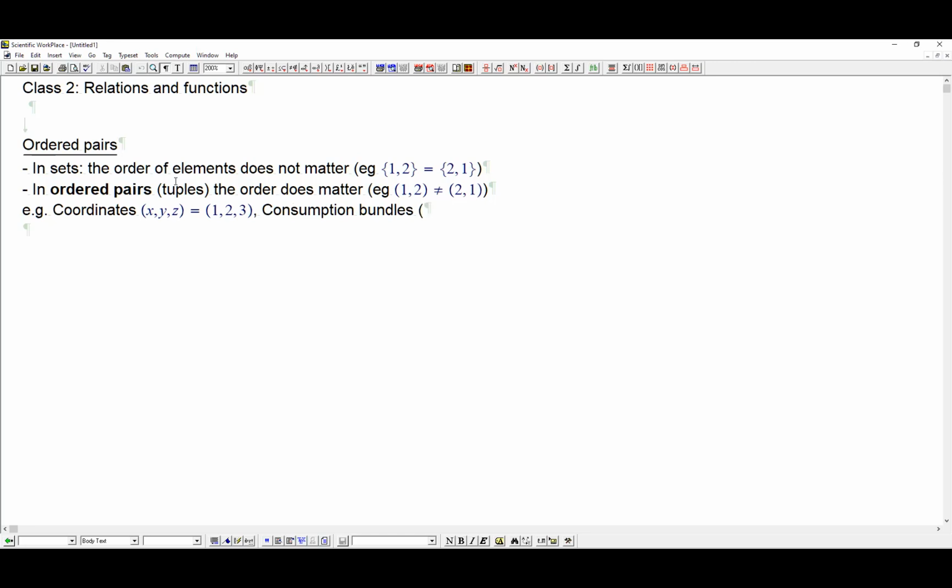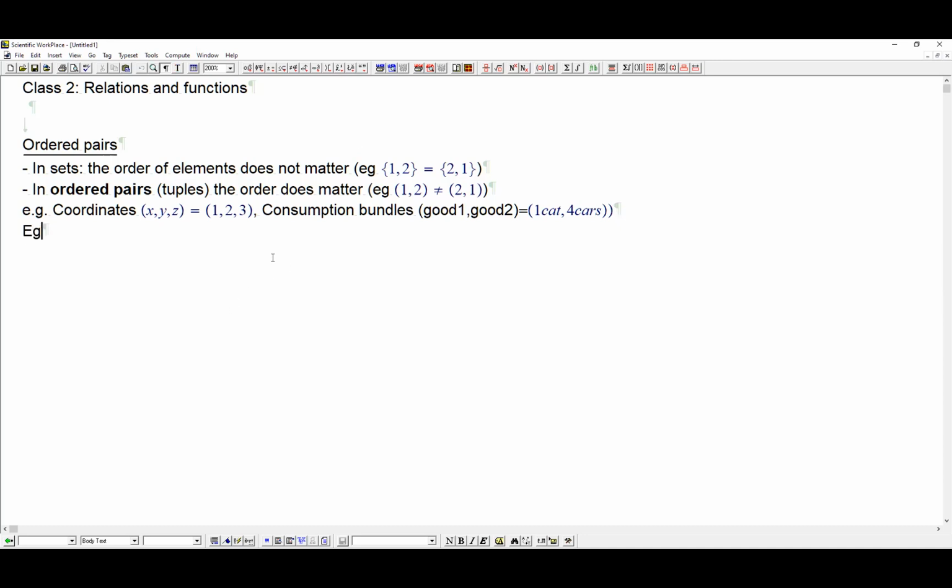Like if I consume good 1, good 2, equals, say, 1 cat and 4 cars. And we could give an example for coordinates.